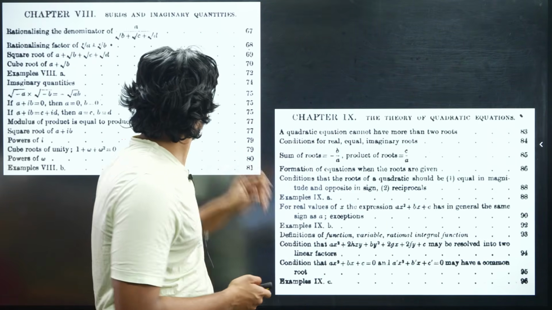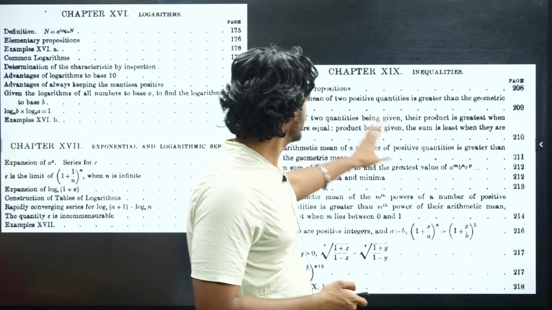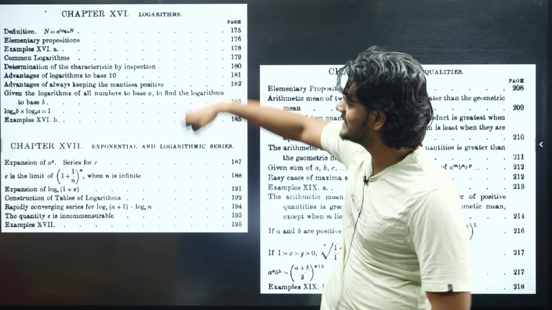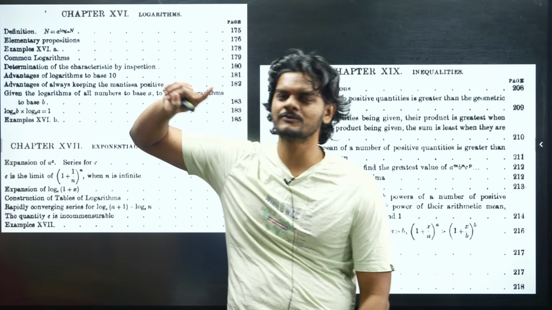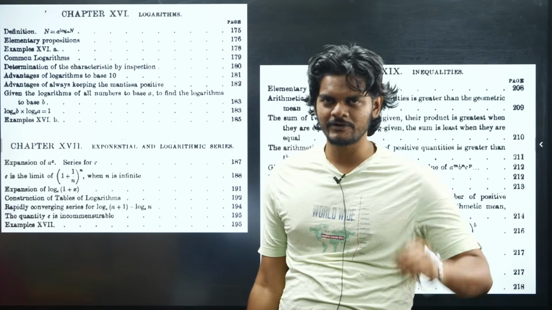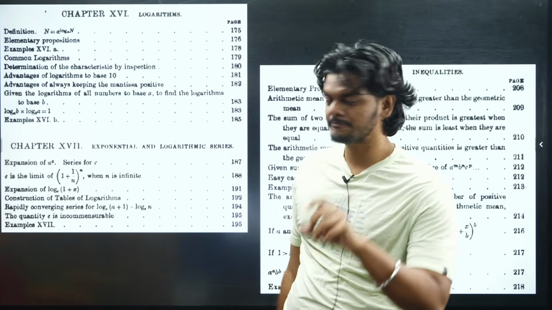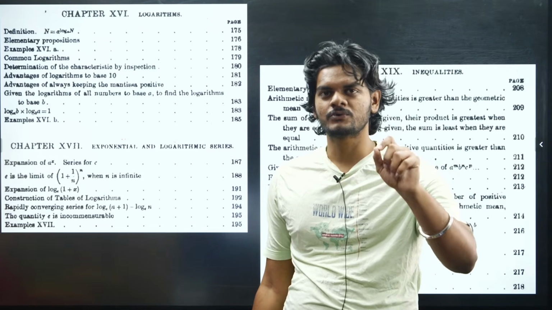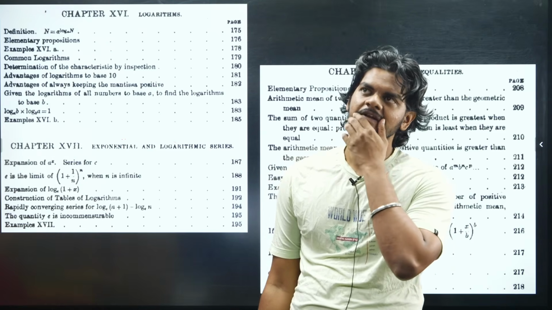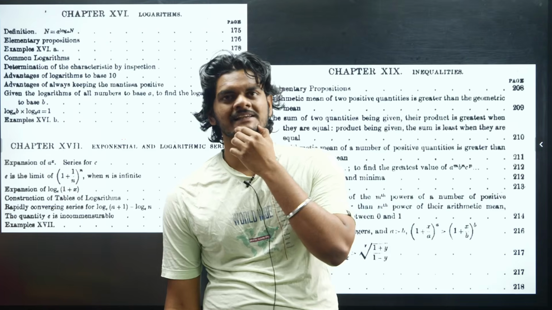Okay, so surds are important, and then come inequalities, logarithm and exponential. These two are also missing in school, especially till 10th. You don't know what a logarithm is. This is something which I particularly want you to understand well. Do Olympiads ask this?